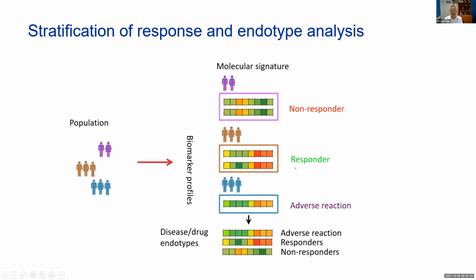But I want to make it clear from the beginning that many of these things are not binary, and that defining response can be quite tricky, as can be ascertaining whether an adverse event relates to a particular drug that's been used in the context of psoriasis.